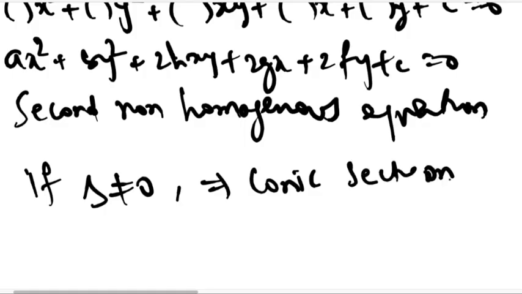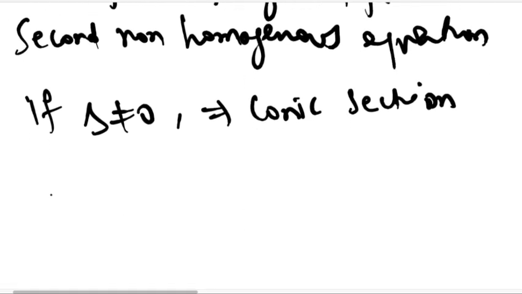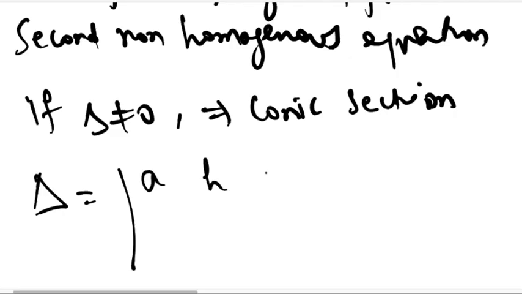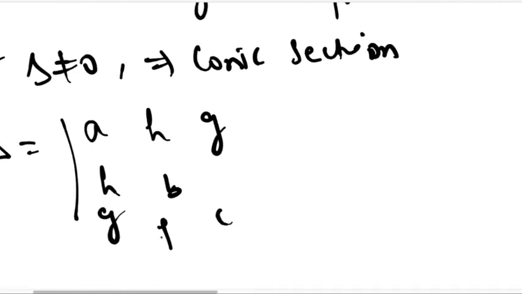So now comes what is delta. Delta is the determinant of a, h, g, h, b, f, g, f, c.